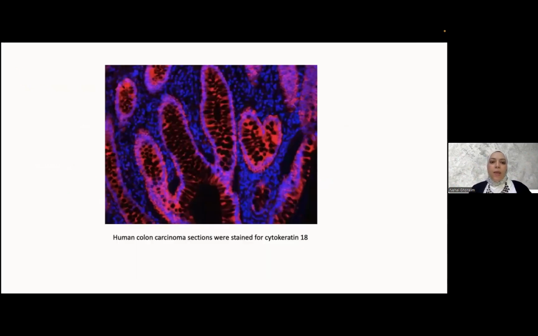As we can see here in a human colon carcinoma section stained for cytokeratin 18, cytokeratin 18 is labeled with the red fluorophore antibody, and blue color is for the nucleus.